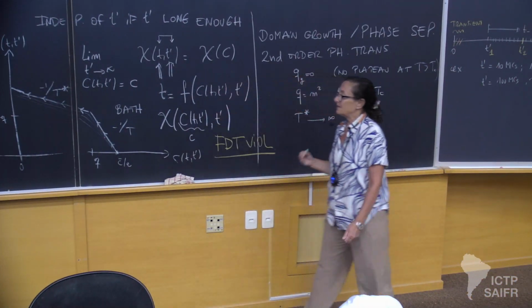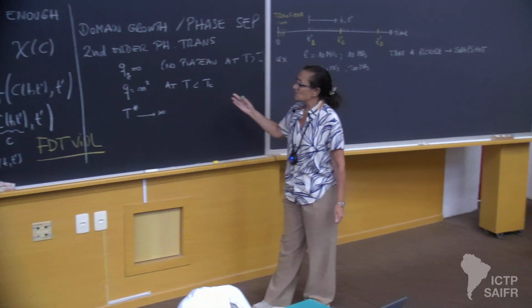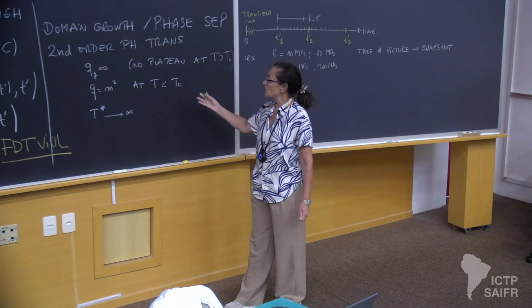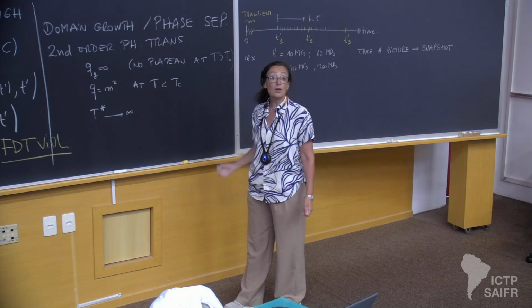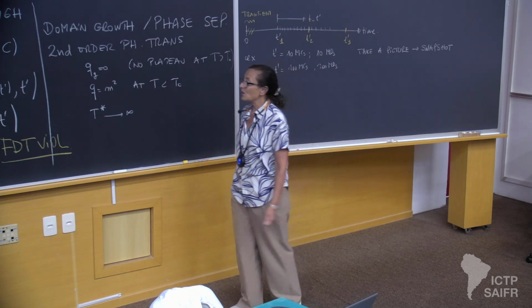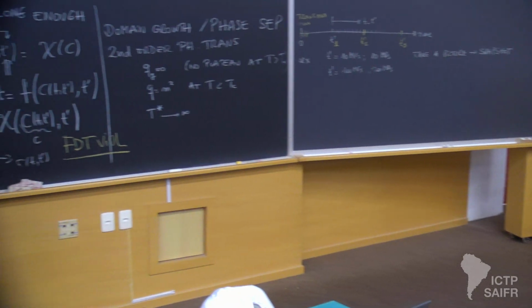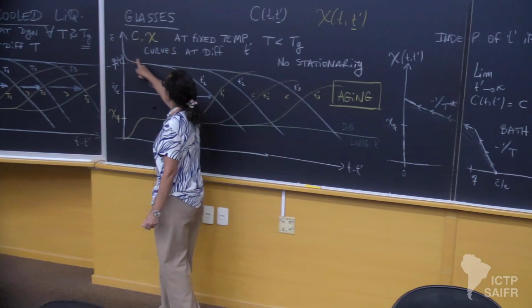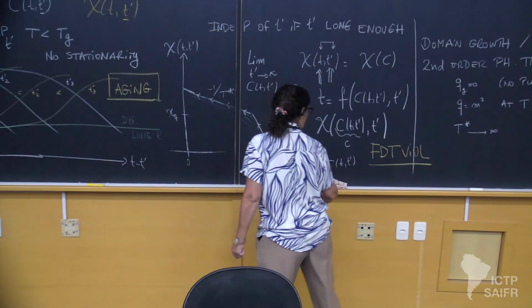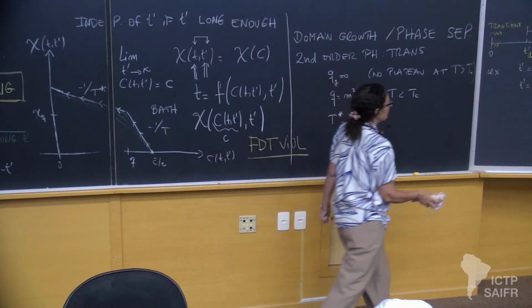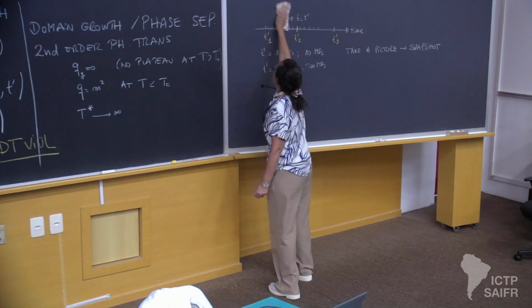But now let me tell you a little bit more about, again, with drawings first and with some calculations later, something about domain growth that lets you understand what is the origin of this first decay here and this second decay over there, in the situation in which you can understand it from the microscopics.